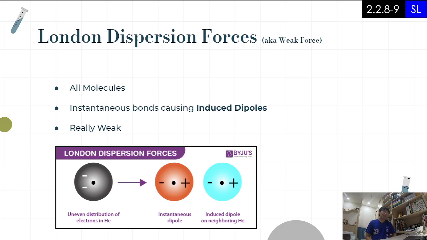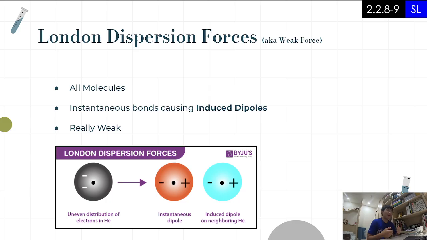London dispersion force happens for all molecules. No matter if it's nonpolar, polar, or has hydrogen bonds, it will have London dispersion forces, and it's really weak. Again, can't stress that enough, because the strength of a bond really comes into play for a lot of properties.